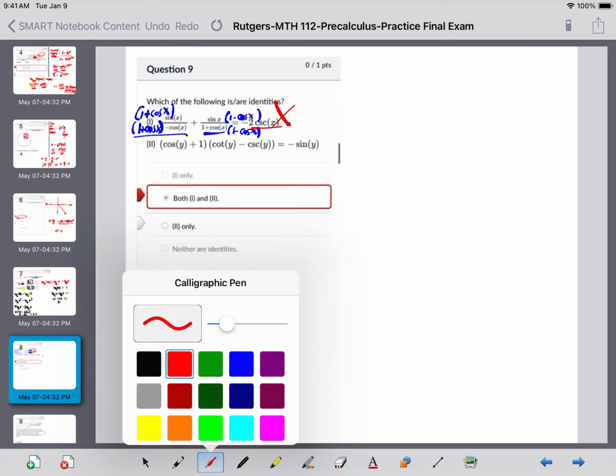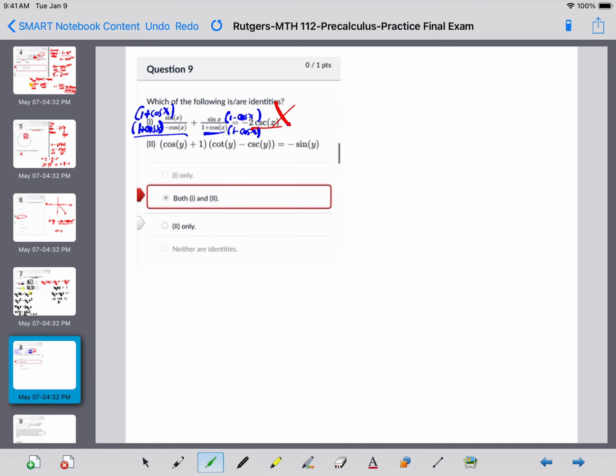So for this one, I would put all my reciprocal functions in terms of sine and cosine, or tangent if you need, but I would probably do sine and cosine.